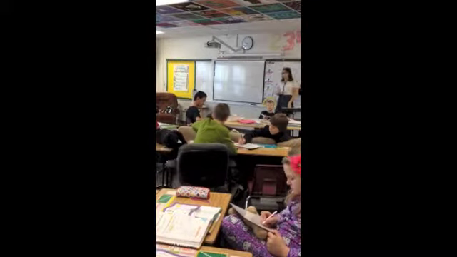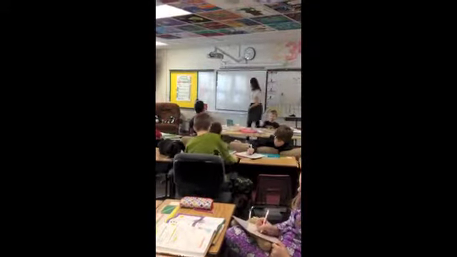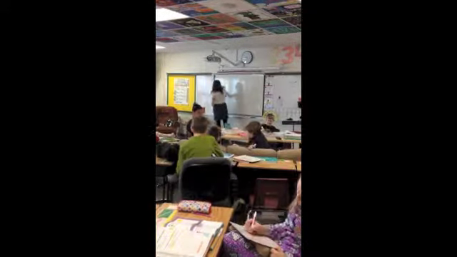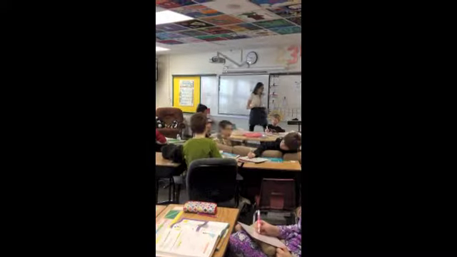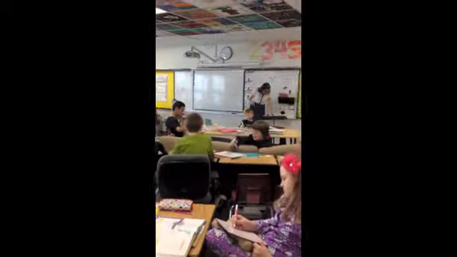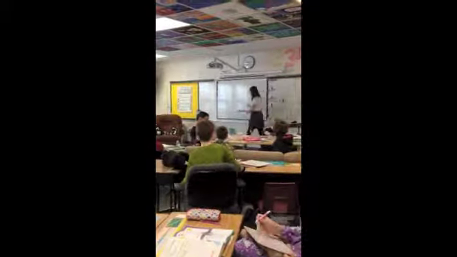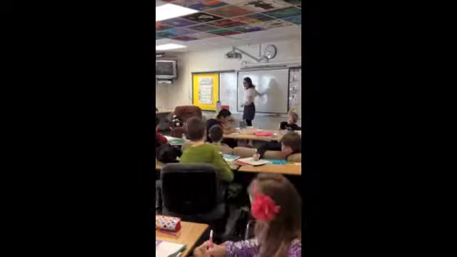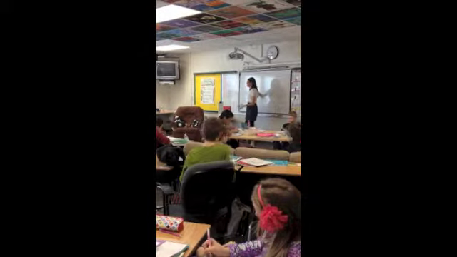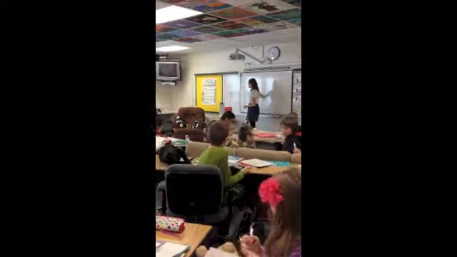So if our line is like this, and our angles are S, R, Q, and P, what was R? 60 degrees.